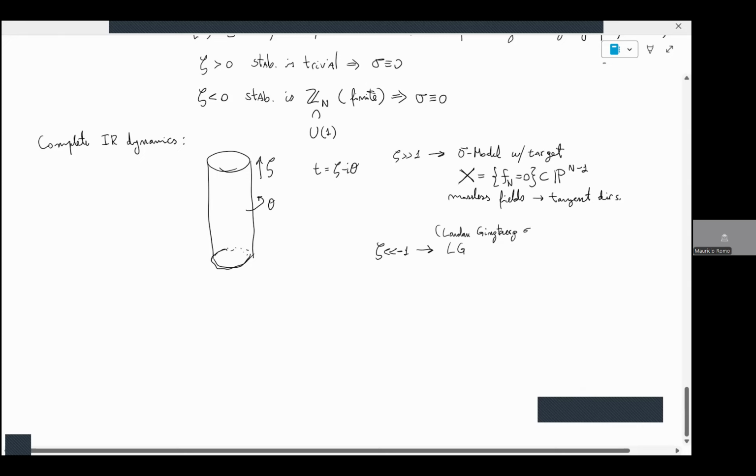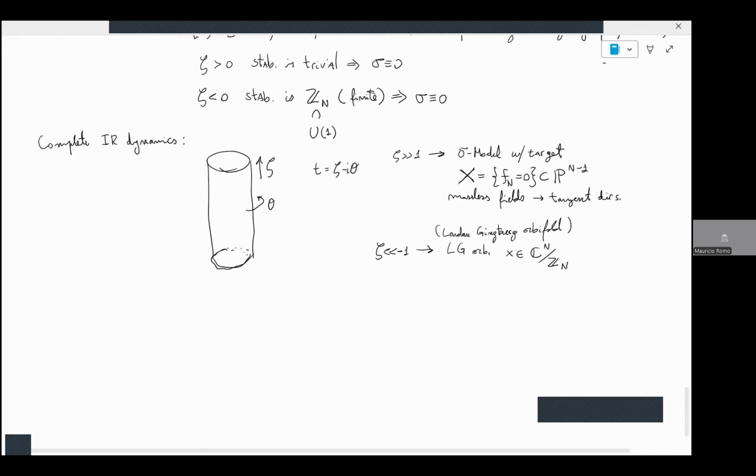That's very beautiful. So Landau-Ginzburg orbifold, where the fields X belong to C^n mod Z_n. Okay, that's the target space.